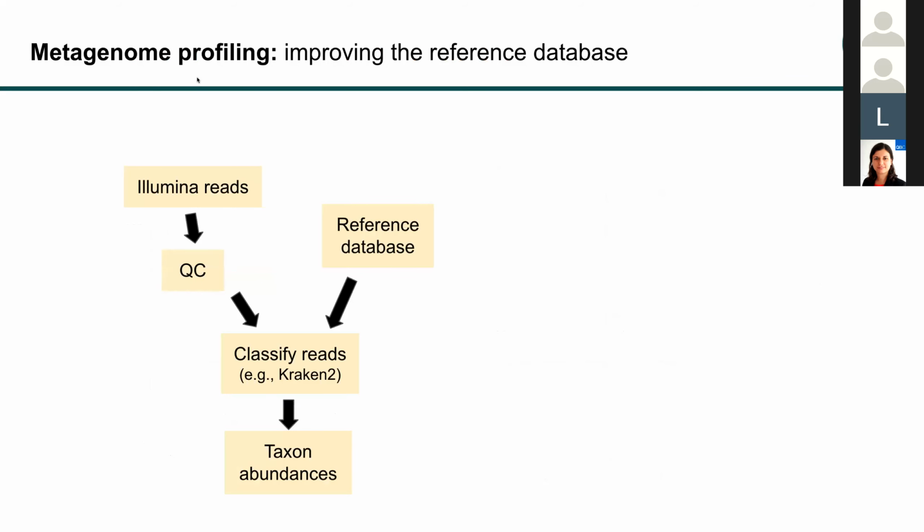And that came into play right with metagenomic profiling, which is the basic method of assessing microbial diversity with metagenomics. And the approach is basically take Illumina reads, or if you have long reads, quality control them, and then classify the reads with an approach such as Kraken-2, using often a default database that comes with the tool to get the taxon abundances.